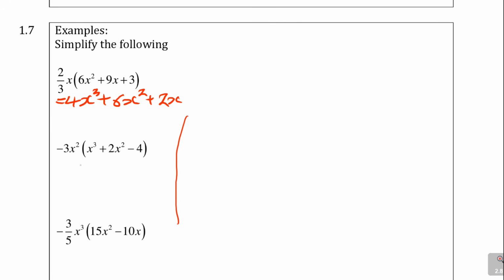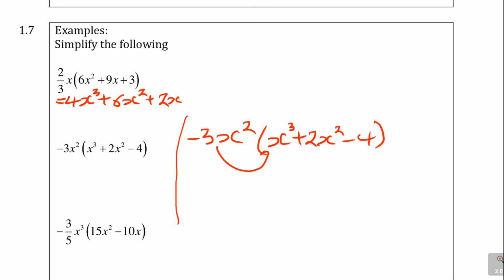Similarly, let's look at this one. It's negative 3x squared multiplying what? x cubed plus 2x squared minus 4. So how many times must you do it? 3 times. The first one, the second one, and the third one. Focus on the signs.